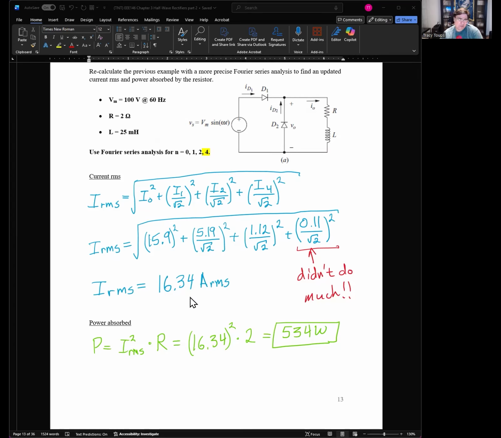That's pretty much the same number we got before, because we rounded off the decimals. The reason is that 0.11 amps is nothing. If you calculate all this, the biggest contributor is right here, 15.9. Then this is another big one. Even between n equals 2 and 4, it's an order of magnitude difference. You literally move the decimal place once over.